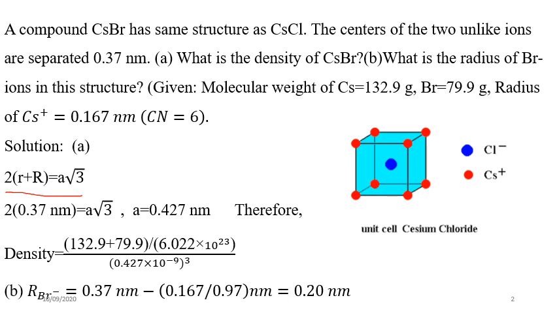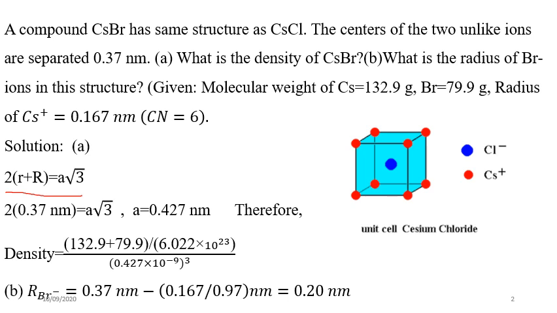So if we substitute the value of R plus R, that is the distance between the centers of the two unlike ions, given as 0.37 nanometer, we will get the value of A, the lattice parameter.